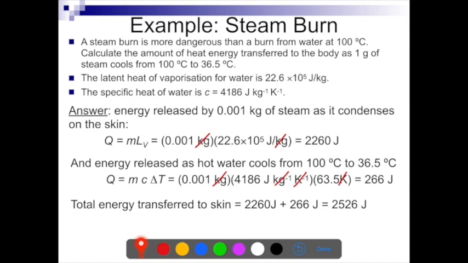2,526 joules. All right, so in the second scenario, if we started from just water at 100 degrees Celsius cooling down to the body temperature at 36.5 degrees Celsius, how much heat would have been released to the skin?